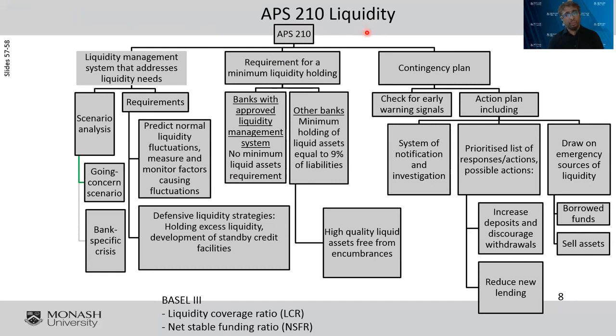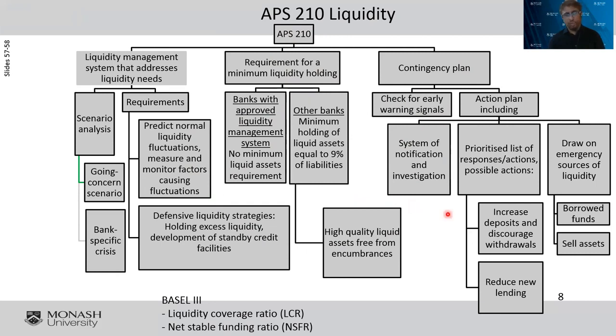ABS 210 is a liquidity requirement. From all of this graph, I don't want you to worry about it, because we will talk about it and regulation when we reach week 12, and you will do some type of pre-class activity. But for the sake of this discussion, in Australia, if you have a system of liquidity management, that's fine.